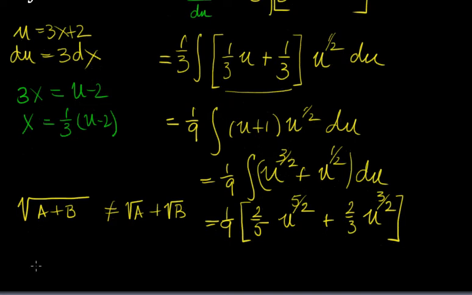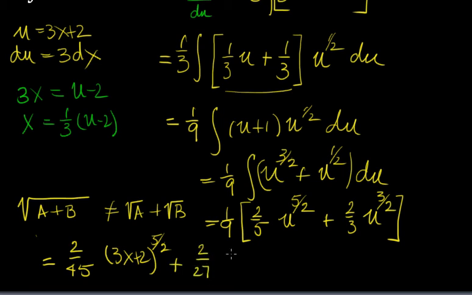And I will have here 2/45 times u, which was 3x plus 2, to the 5/2, plus 2/27, multiplying the 1/9 across, times 3x plus 2 to the 3/2, and I'll add a constant.